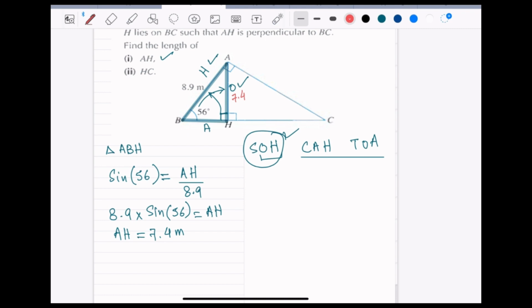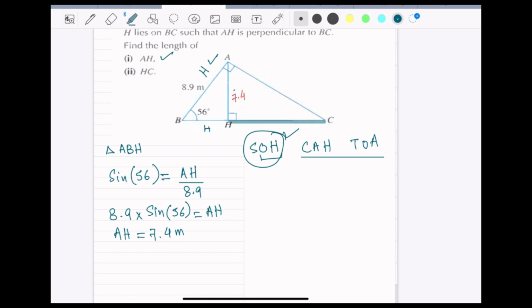Now, if I try to look at other triangles, I have to find out this length HC, and this length is a part of triangle AHC, which doesn't help much again.